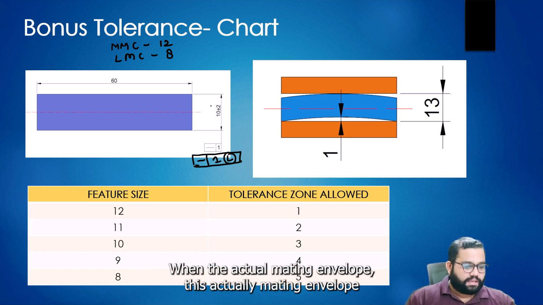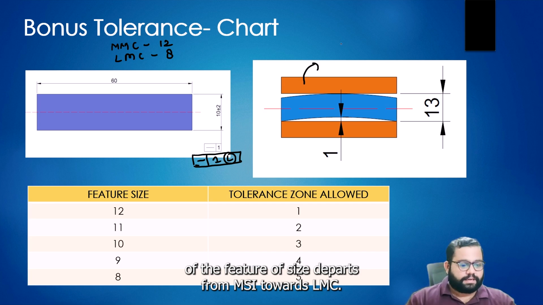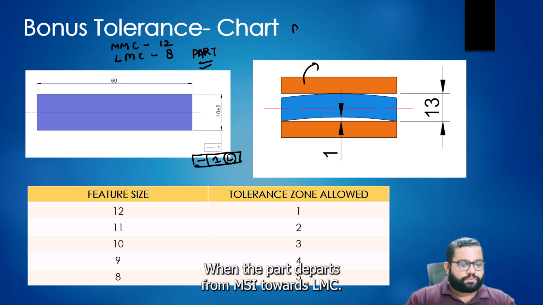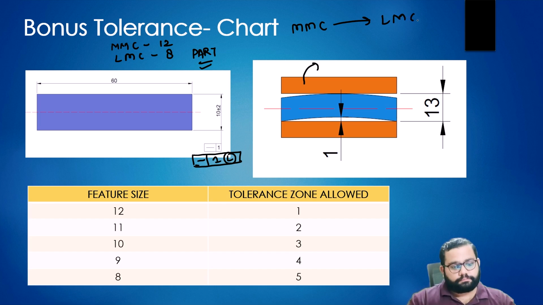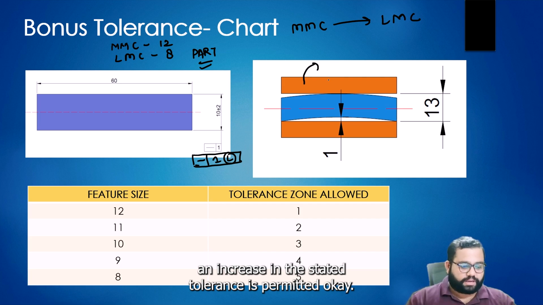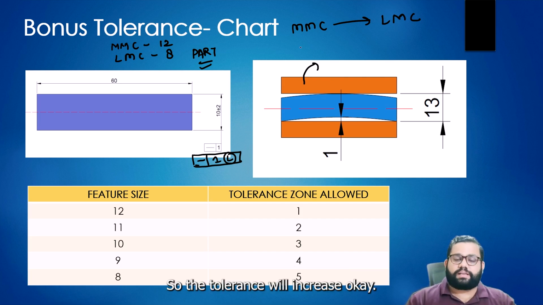When the actual mating envelope of the feature of size departs from MMC towards LMC, when the size of the part departs from MMC towards LMC, an increase in the stated tolerance is permitted. So the tolerance will increase.